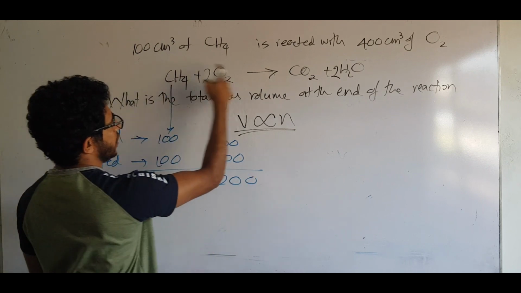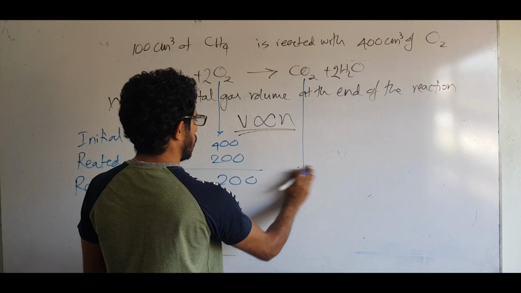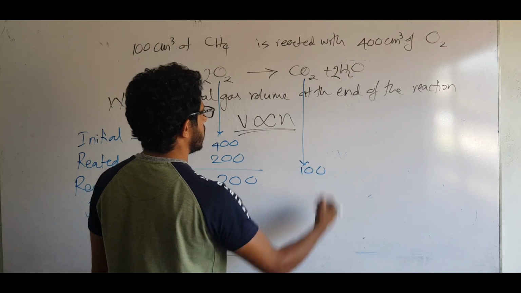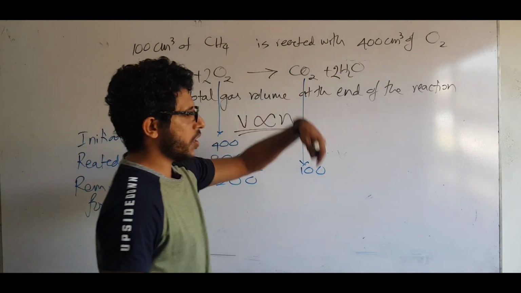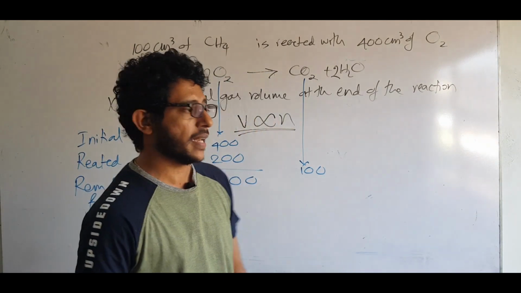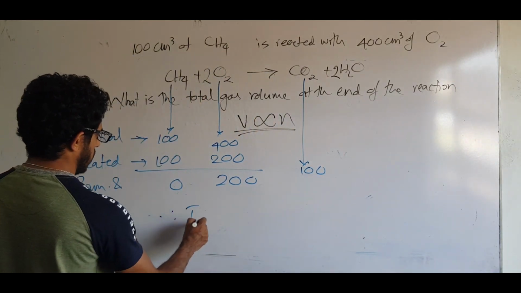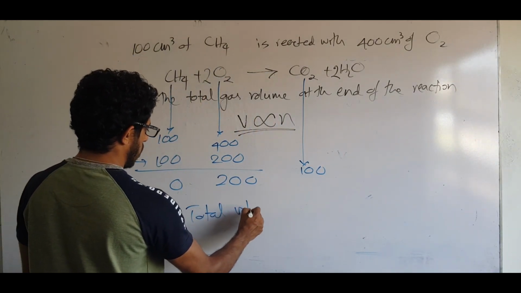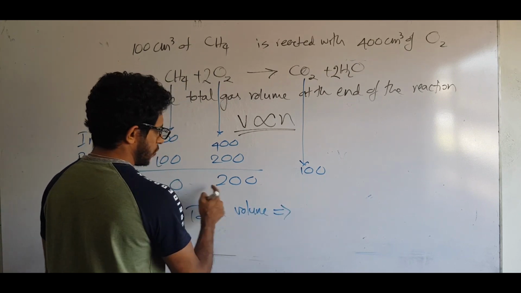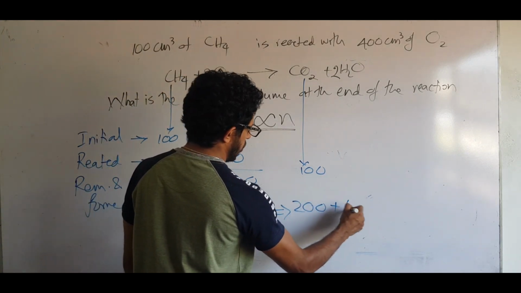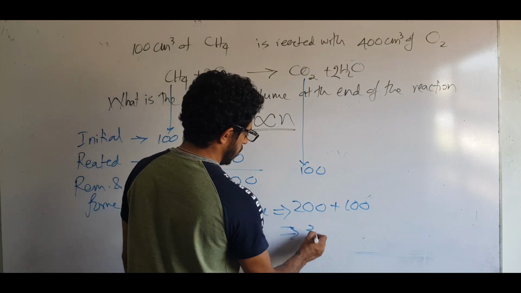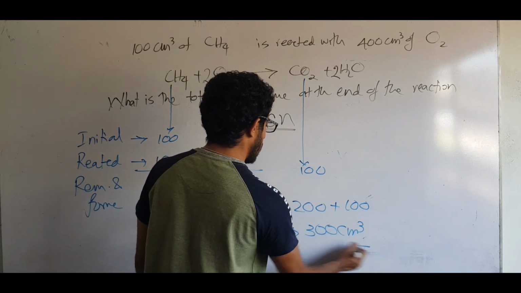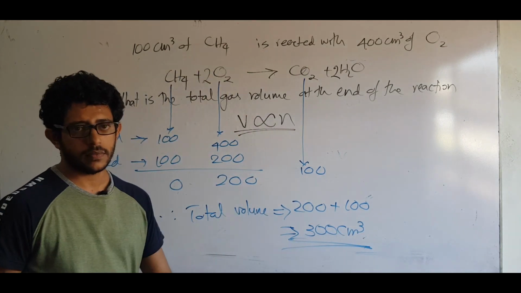The reaction is 1:1 for the carbon dioxide, so you will get another 100 cubic centimeter of carbon dioxide. Water at room temperature and pressure, we can assume it's a liquid. Therefore total volume is, you have 200 remaining oxygen and 100 carbon dioxide produced. Total volume would be 300 cubic centimeter.